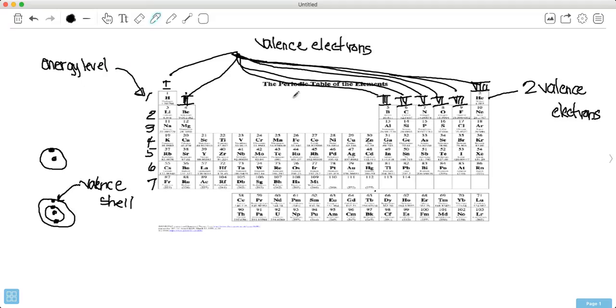And then when we look at period numbers, every element in period 1 has 1 energy level, 2 energy levels, 3 energy levels, 4, so on and so forth, down to 7, where elements in period 7 will have 7 energy levels. All right, this is our review of the periodic table.